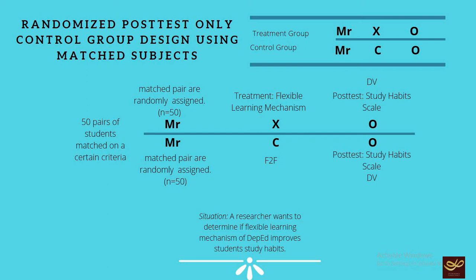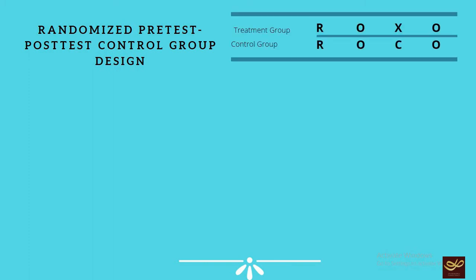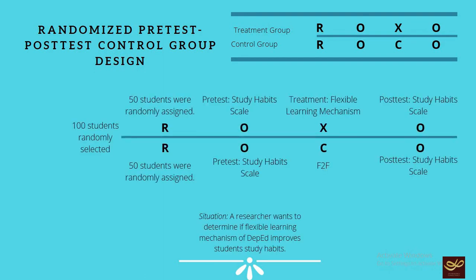So let's go to the third one, which is the randomized pre-test post-test control group design. In this design, you have already a pre-test and a post-test. So what happened is that after you randomly selected 100 students, you randomly assign them, you then provide them with a pre-test.